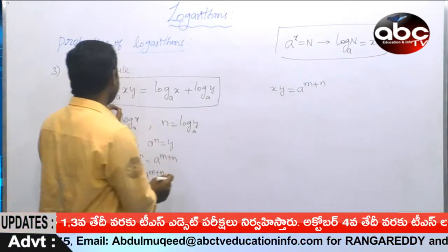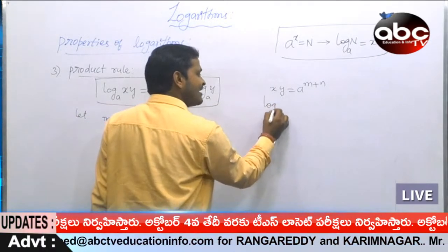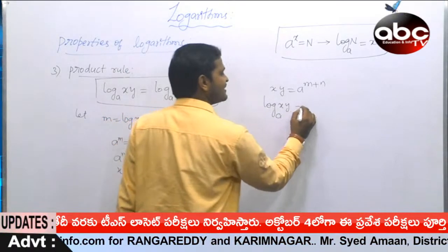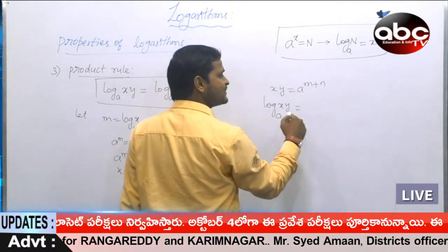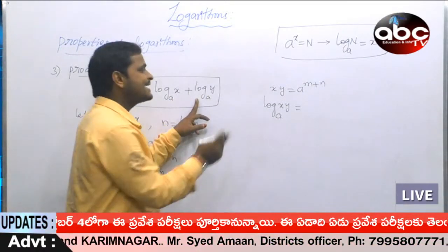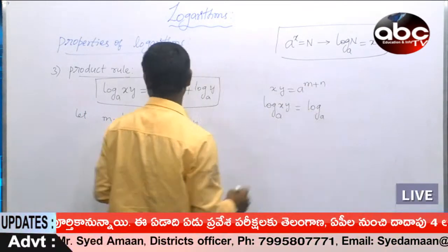Then see here, apply log on both sides. Then log xy base a is equal to, convert into general form, m plus n. What is m here?